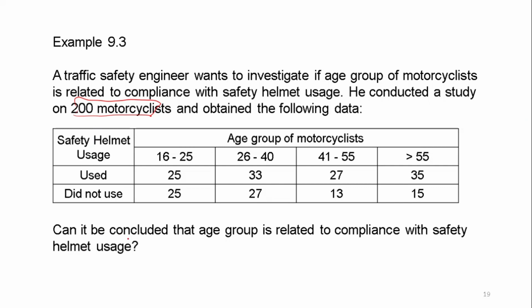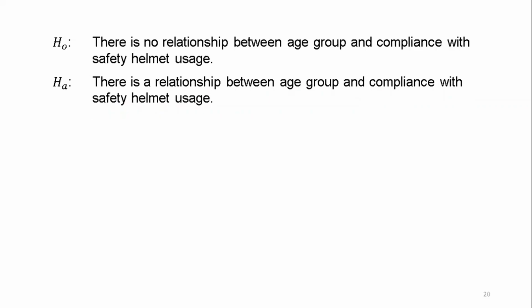Can it be concluded that age group is related to compliance with safety helmet usage? Okay, so first, null hypothesis is there is no relationship between age group and compliance with safety helmet usage. And then alternative hypothesis is there is a relationship between age group and compliance with safety helmet usage.